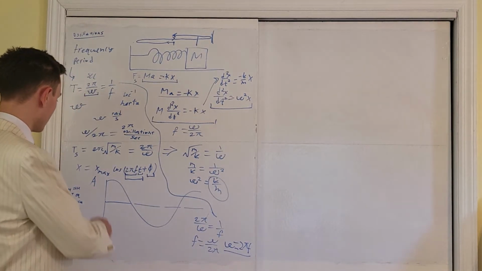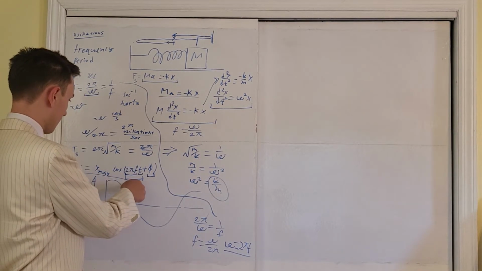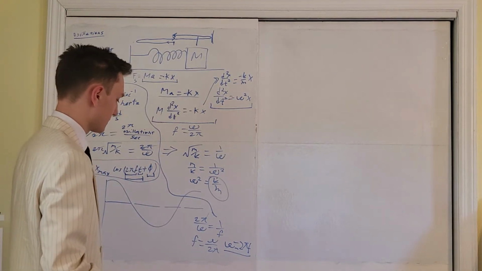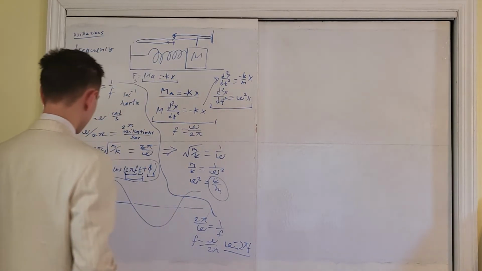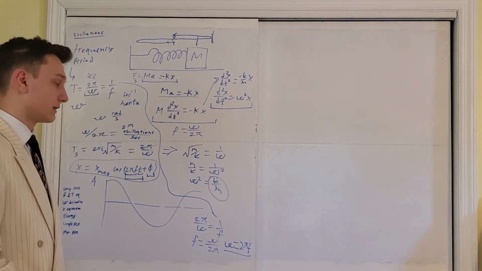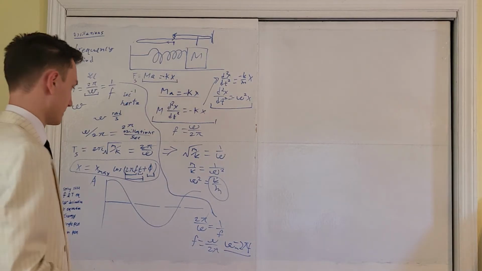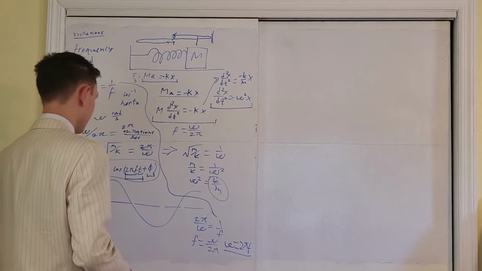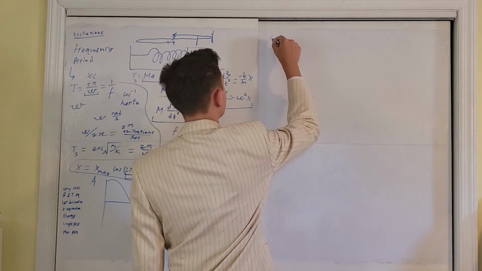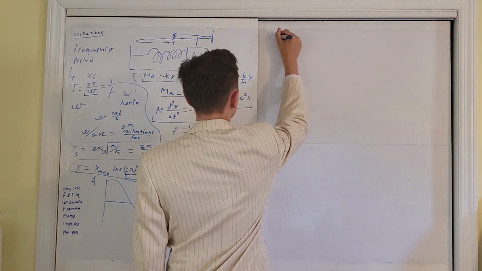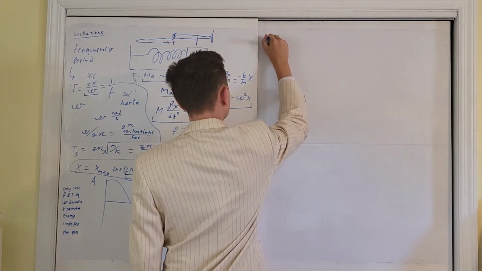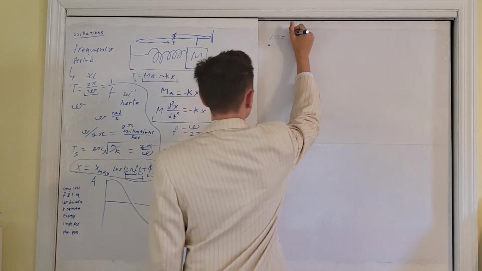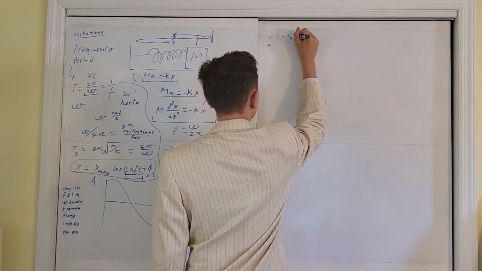Now, of course, here we should recall that our position function obeys the kinematic differentiation rules that we learned previously, such that velocity is the derivative of position and acceleration is the derivative of velocity. So if we differentiate this, we get the velocity of our block as a function of time, which is equal to our constant multiple x max, or amplitude.